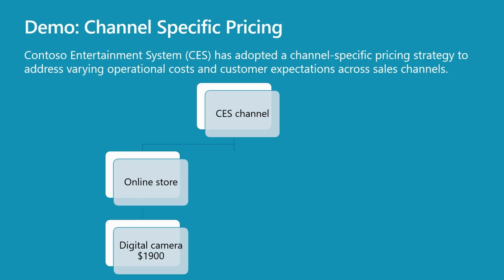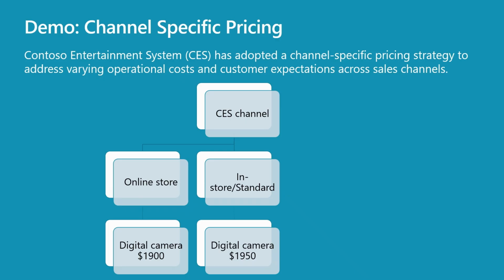The lower price reflects the reduced overhead of running an online store compared to physical retail locations. In the in-store standard channel, the camera is priced at $1,950, taking into account the in-person shopping experience, higher operational costs, and personalized customer service that the store offers.